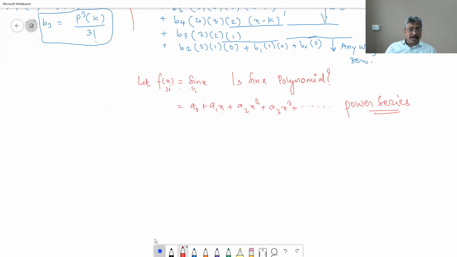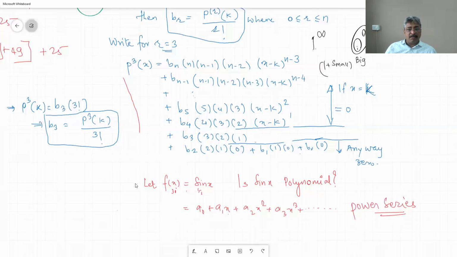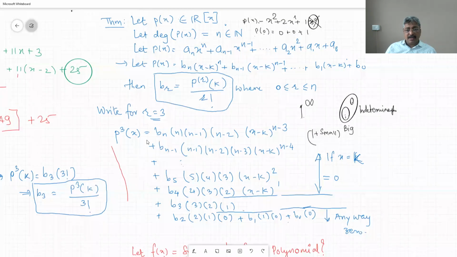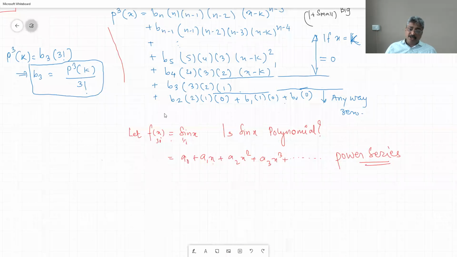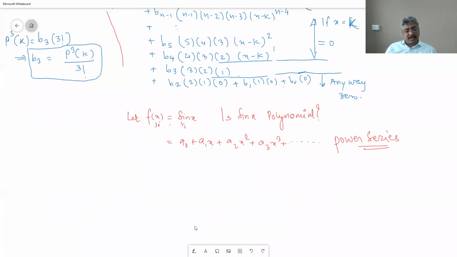But my requirement in this theorem is that the function should be differentiable n number of times, or r number of times if I want to find the rth coefficient. So sin x is not bad as far as that parameter is concerned. Sin x is a very good function and it is differentiable whatever number of times you want.